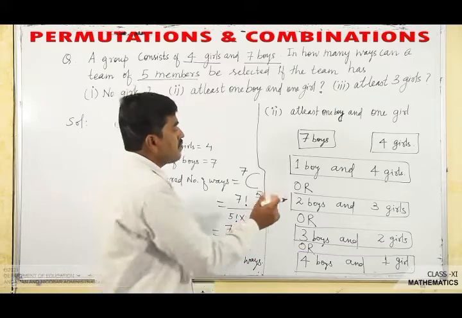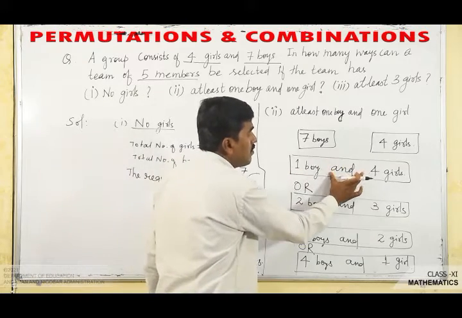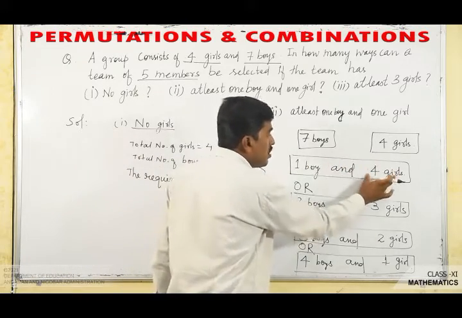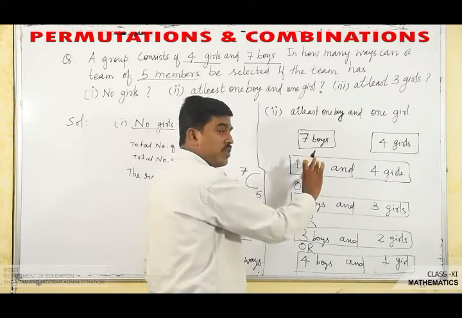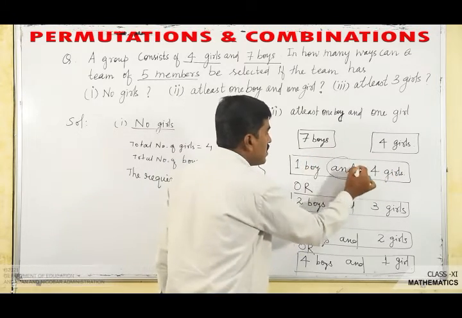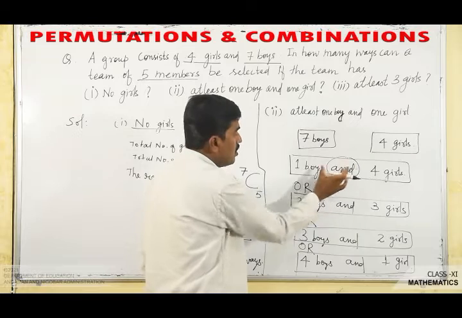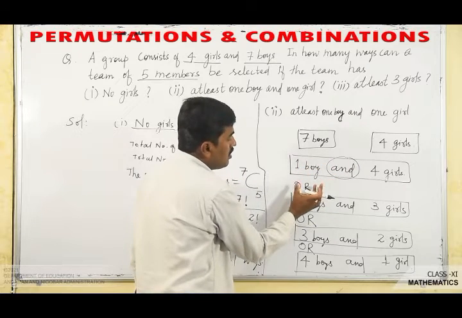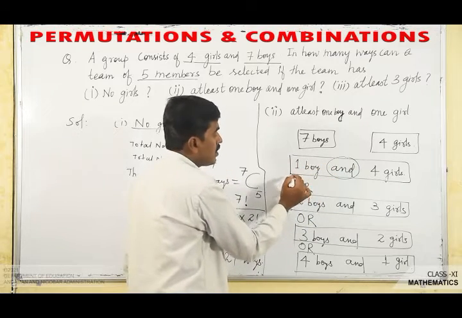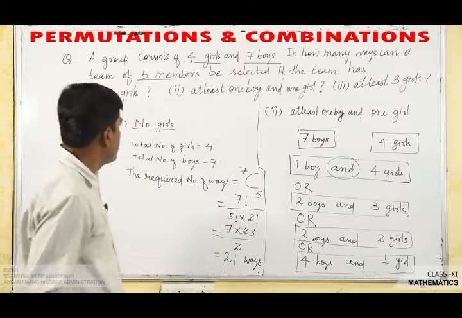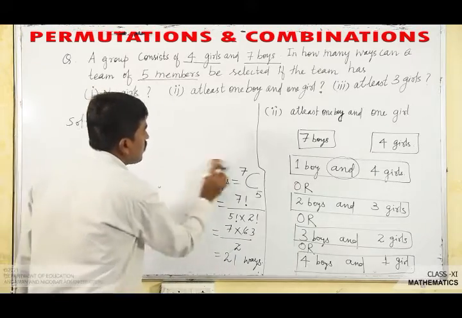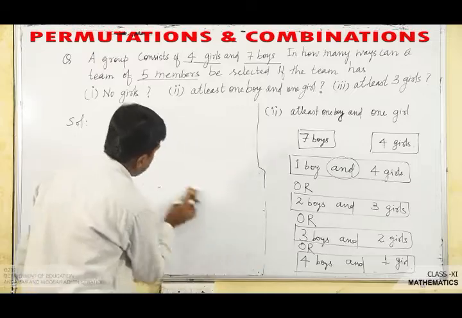You see here one boy and 4 girls. So these are 2 events, we have to do both the events here and is there, so we have to multiply here. Then OR is there, so here we have to add. Now let us see how to find the value of this one.